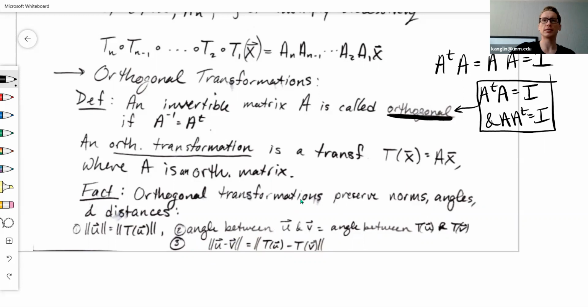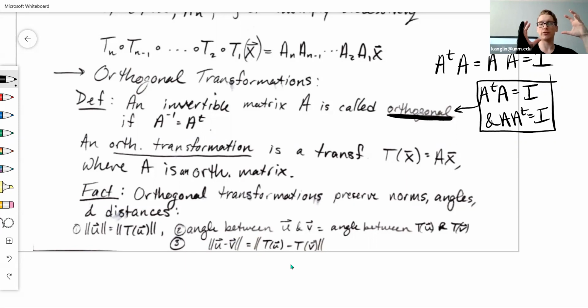Also, going along with this is the fact that orthogonal transformations preserve distances. Another way of stating that is the distance between u and v, so the norm of their difference, is equal to the distance between their images. If you start out with two points this far away in the domain, when you map them to the codomain under an orthogonal transformation, they stay that same distance away from each other.